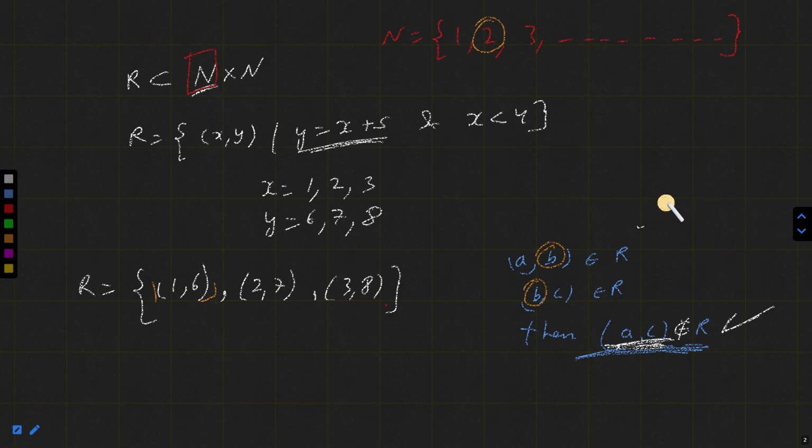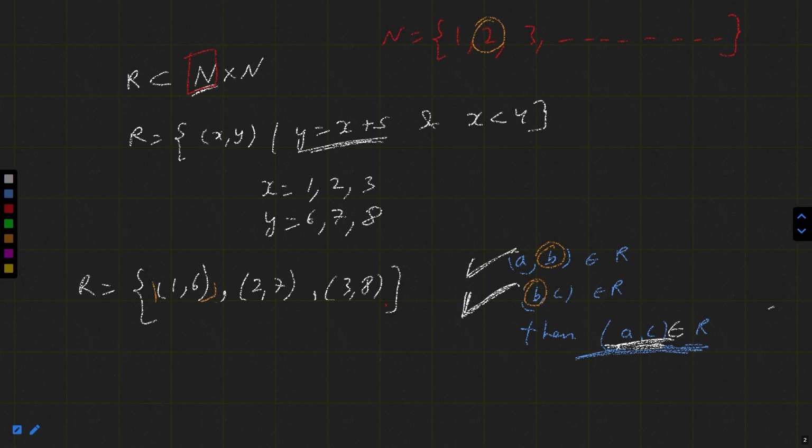Now for transitivity, this happens and this happens, we have this as our information.